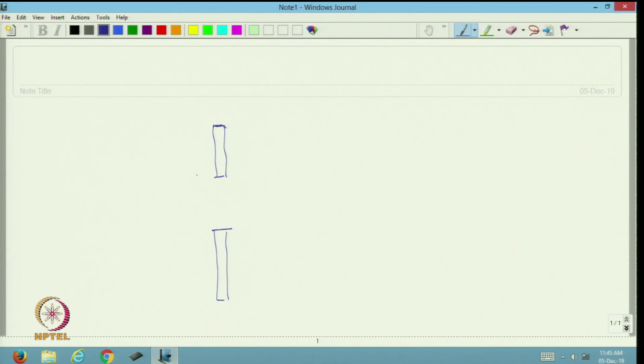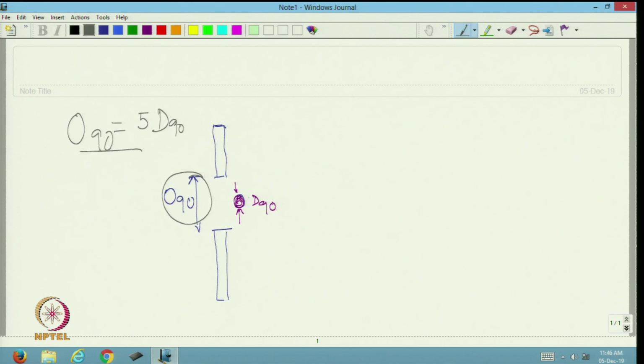This is O90 and we have particles of diameter, this is D90. So, D90 means 90% of particles are of diameter less than this. As per the relationship here, O90 is equal to 5 times D90, that means this is 5 times more than this.